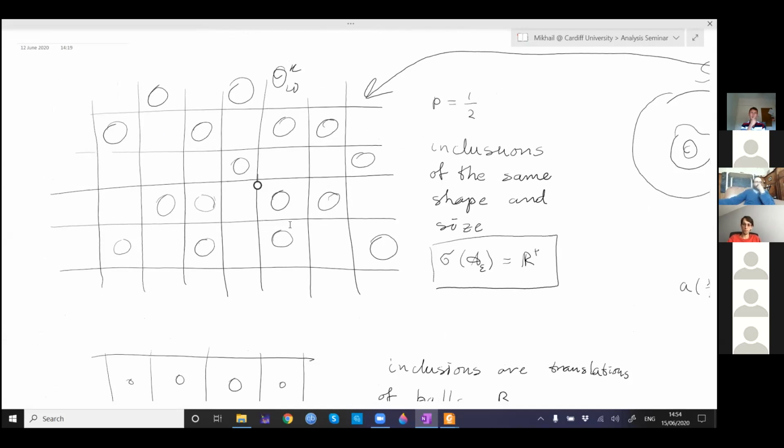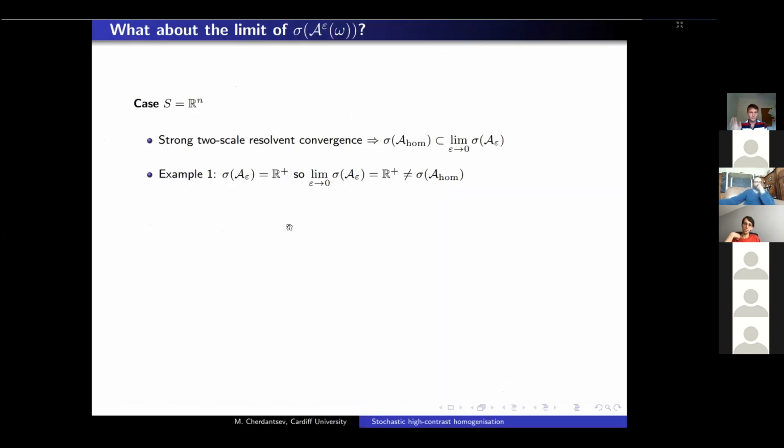So for almost every omega, the corresponding distribution of inclusions will be such that there will be arbitrarily large balls or any sets containing no inclusions at all. It means that you can just do some standard constructions of Weyl-type sequences and show that every positive lambda is a point of the spectrum. So this is what we have here. And obviously the limit of this set is the whole positive half line, and it doesn't coincide with the spectrum of A home.